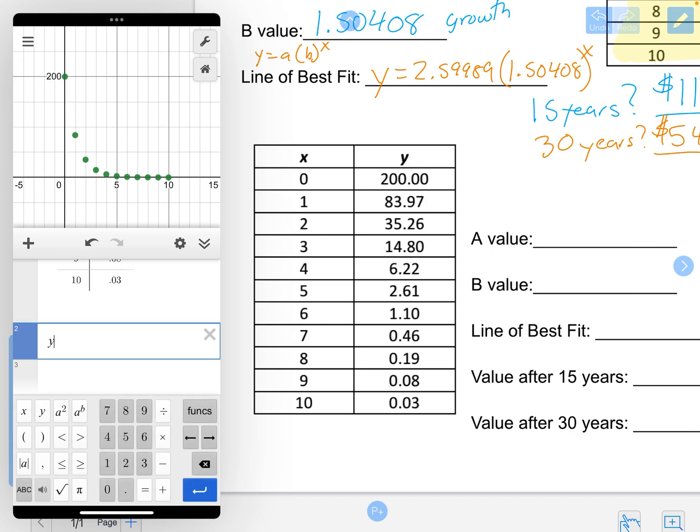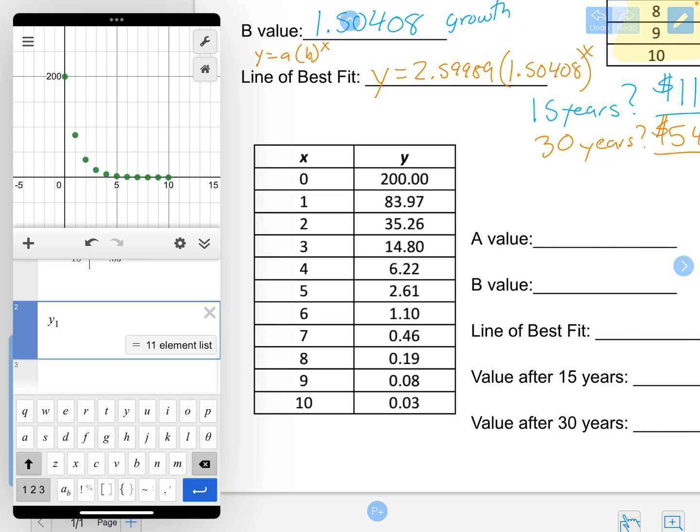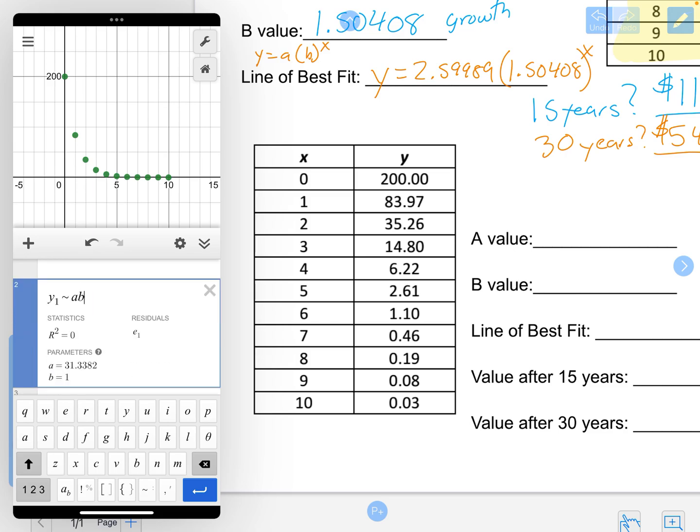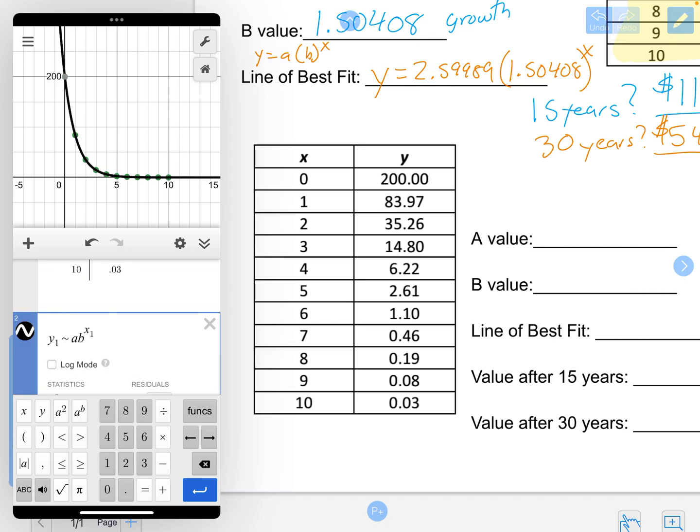And then we need to go Y1, because if we look at our table, our X and our Y have a 1. That Y1 tells Desmos that we're going to use the values in the table. The approximate symbol tells Desmos that we're going to make an educated guess on what the line should be. Then we go A, B, hit our AB button, X1.